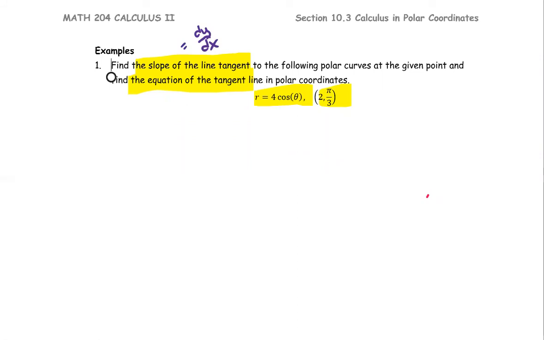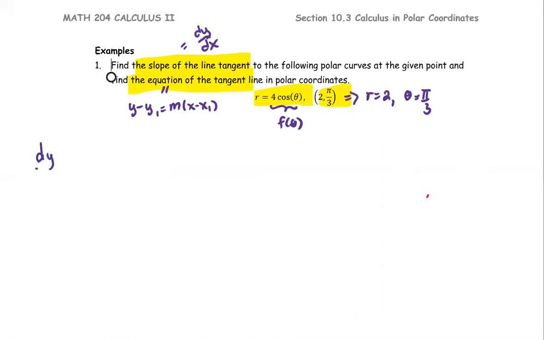The second part is to find the equation of the line, putting the point and the slope together using the point-slope form, y minus y1 equals m times x minus x1. The ordered pair is provided in the r, theta form. In this case, r equals 2, theta is pi over 3, and r is f of theta.